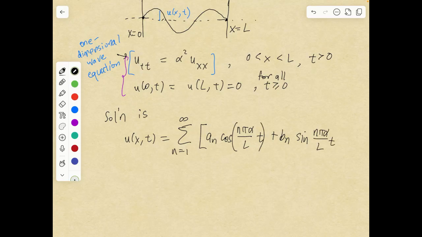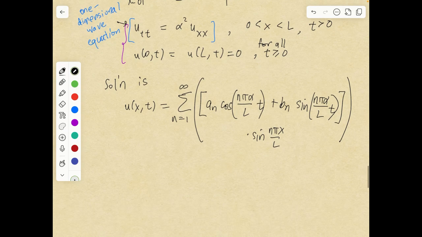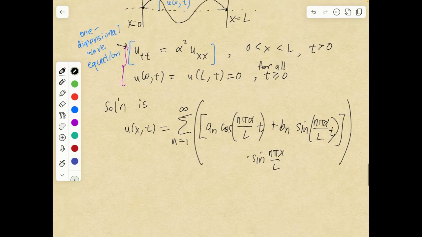This t is inside the cosine and sine. This times sine of n pi x over L. Okay, so this whole product is being summed from n equals 1 to infinity. So here the alpha is given by this alpha squared, the L is the length of the wire, and the a_n's and b_n's are just arbitrary constants.